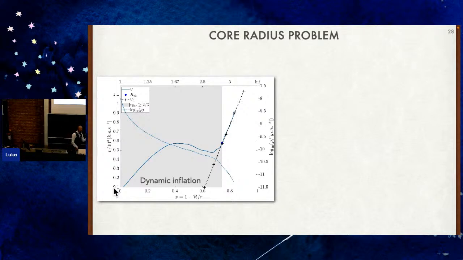As you can see, even on average, it is not very monotonic. It goes up, it goes down. And interestingly, it develops what we call dynamic inflation, a scenario where an extended region of nearly constant density is formed.